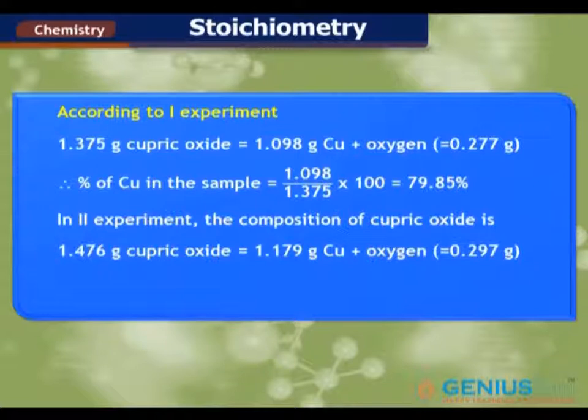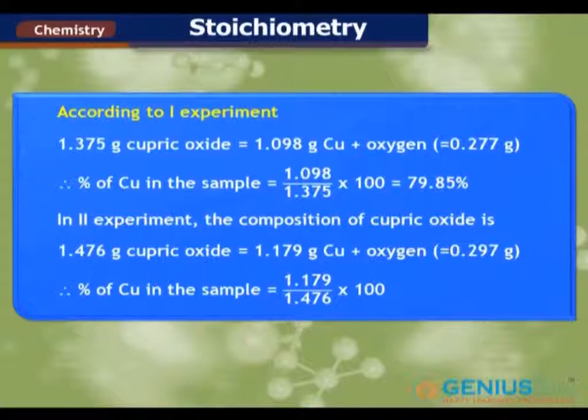Now in this case, the percentage of copper in the sample is 1.179 divided by 1.476 times 100, which gives 79.87%.